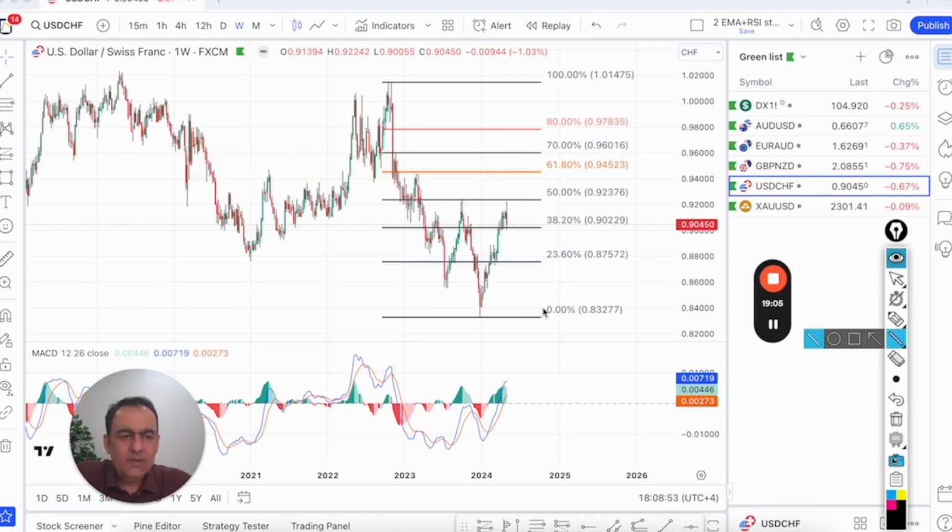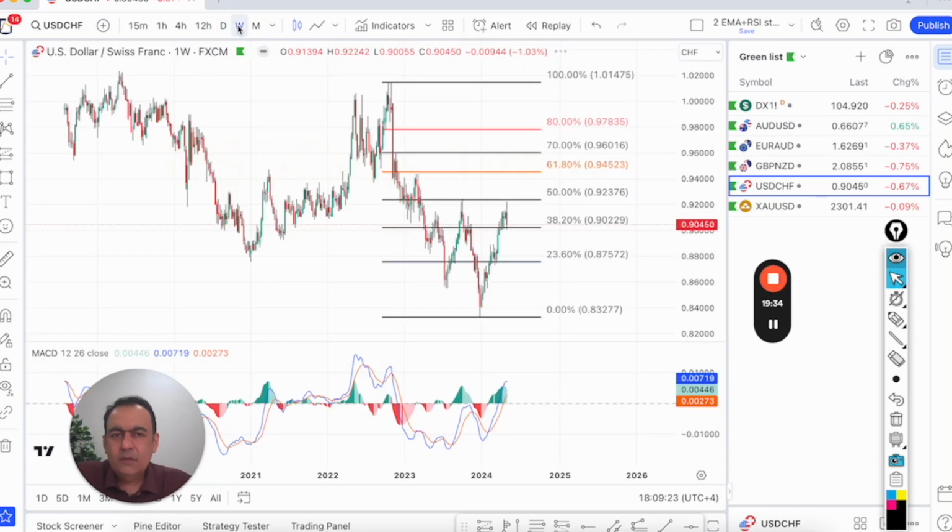So right now we have seen that the buyers have taken the price back in one straight move to the 50% area of Fibonacci, and we can expect some short-term retracement here, and then again continuation to 61.8. So right now I am focusing on this short-term retracement. We can see that the MACD histogram is looking exhausted here, so buyers are tired and they need some pullback.